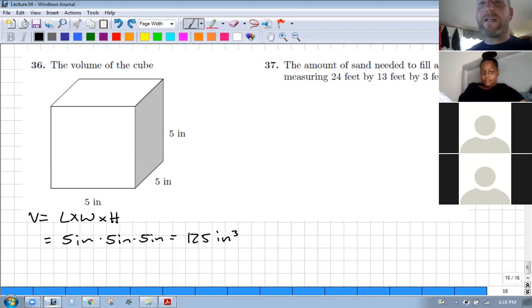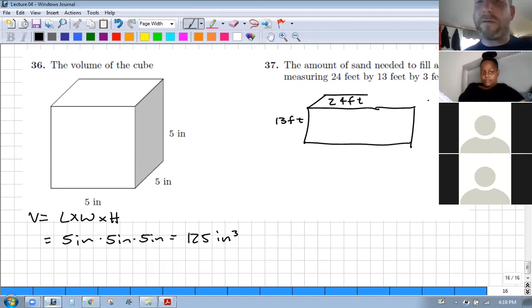So the amount of sand needed to fill a box measuring, let's see, we'll draw our box here. We got 24 feet by 13 feet by 3 feet.